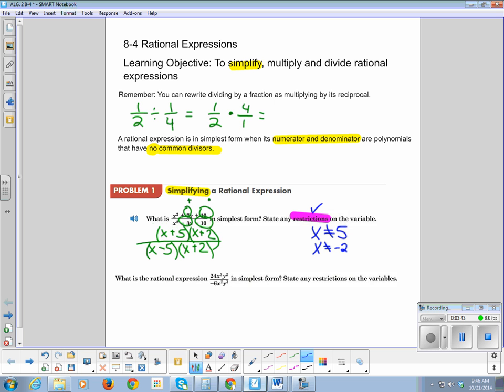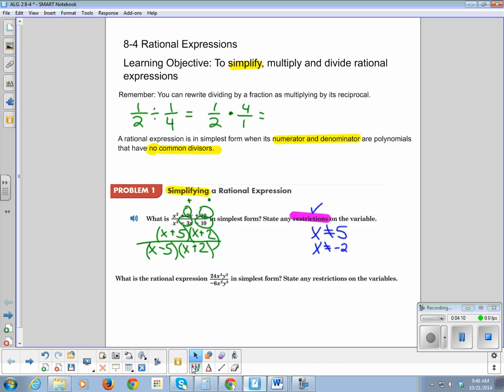Now we can cancel. Please, my lovelies, I cannot go, oh yeah, I'm going to cancel these x's. That's not allowed. Anything in parentheses has to be exactly like the parentheses on the bottom. So it has to be exact matchers when you're doing multiplication.